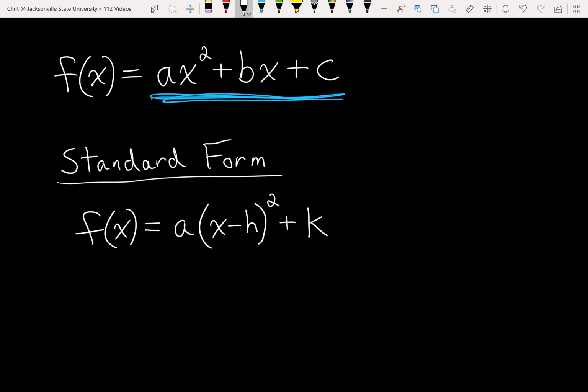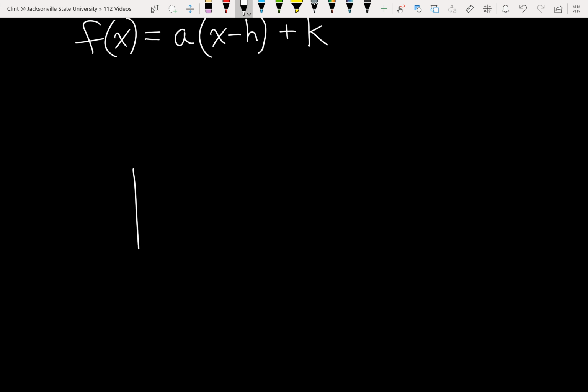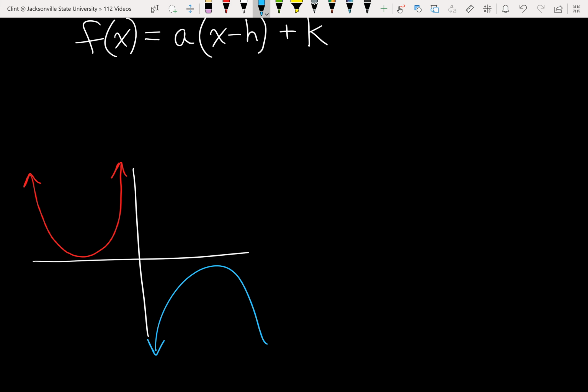Okay, so if we write our function in this form, something that's really nice is something that we call the vertex becomes apparent. So let's really quickly, before we go into that, talk about what the vertex of a parabola is. So quadratic function, there's two ways it can look, right? We can have a parabola that opens up, or we can have a parabola that opens down.